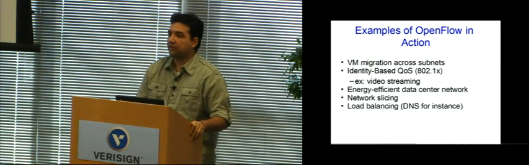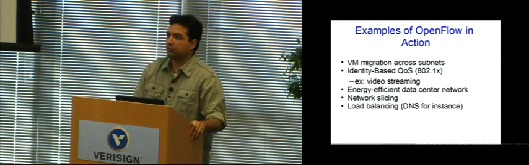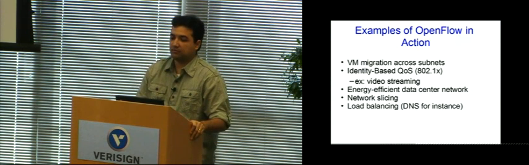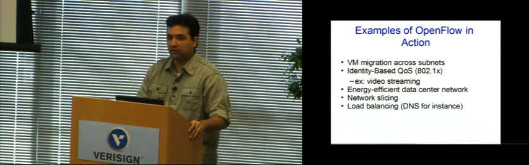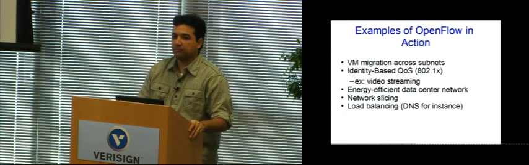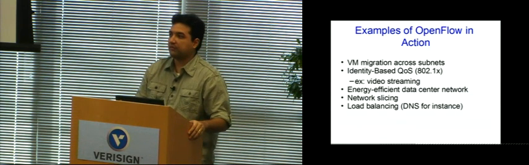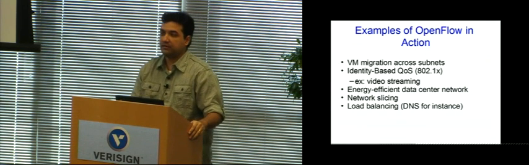Energy efficient data center network is also something very cool, because sometimes you have paths in the network that are not being used. Some machines are shut down, so the ports are open, they are up, but they shouldn't be.